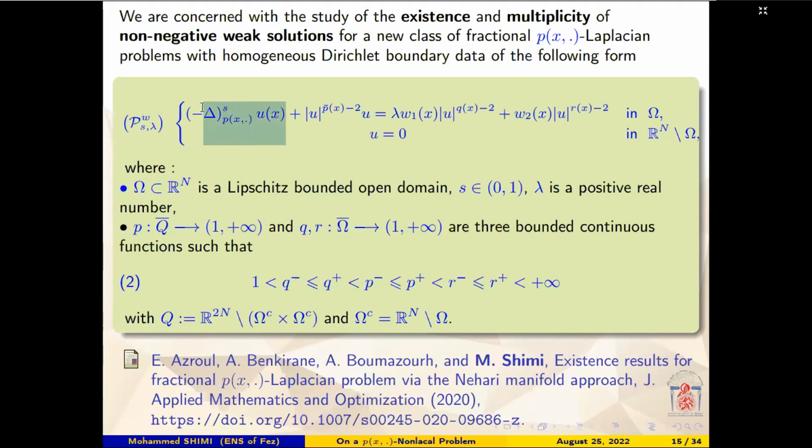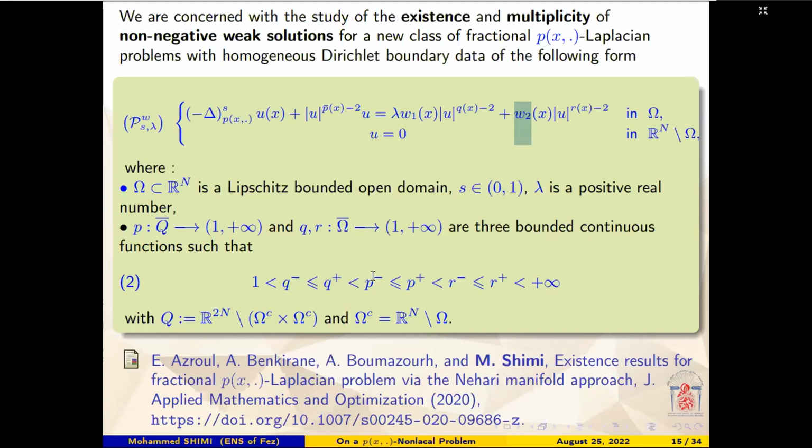As you see, we have the presence of the p(x)-Laplacian operator and two weight functions W1 and W2. Here Ω is a Lipschitz bounded domain, s belongs to (0, 1), λ is a positive real number, and p, q, r are three bounded continuous functions which satisfy the following inequality, inequality number 2.